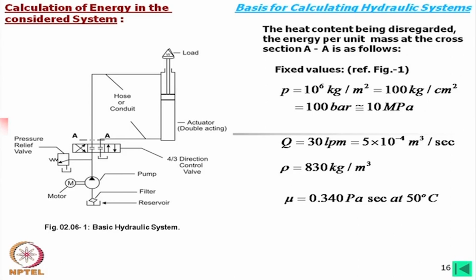For this problem we have taken 0.340 Pascal second at 50 degree centigrade. Now, usually for the oil you are using, a chart will be available where it is given, say normally operating temperature for such hydraulic oil. Usually the maximum temperature is 75 degrees centigrade, not more than that.